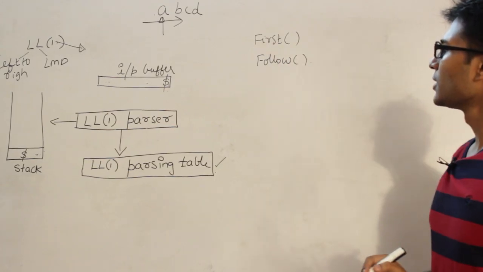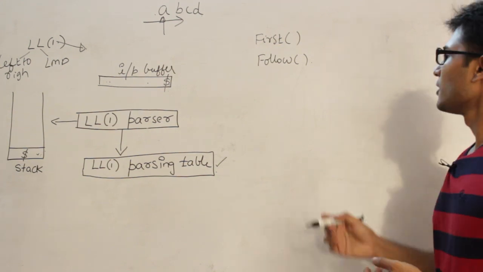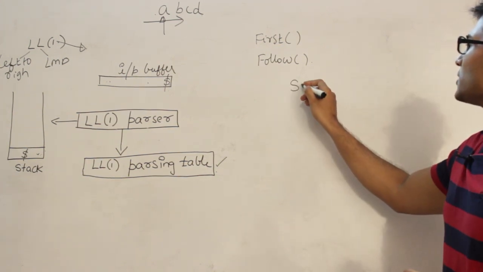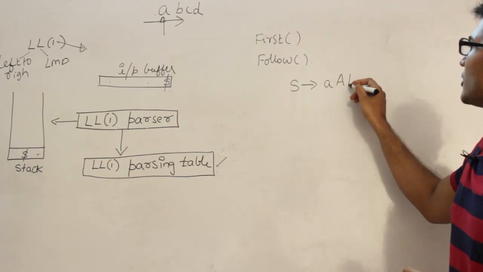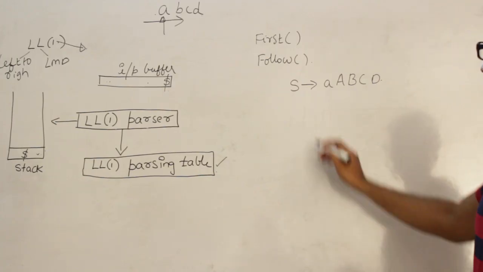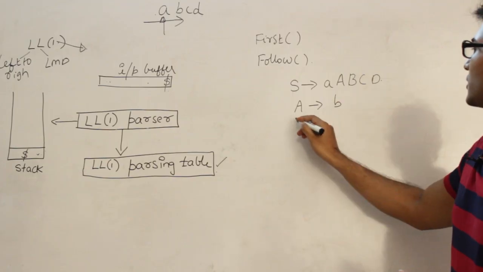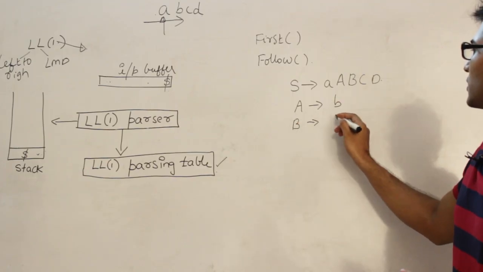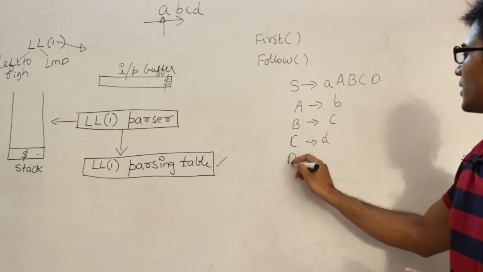First is nothing but, if I start with any symbol and generate all the strings from it. For example, if I have S derives A, B, C, D, something like this, a grammar. And then A derives small b, and then B derives small c, C derives small d, D derives small e.